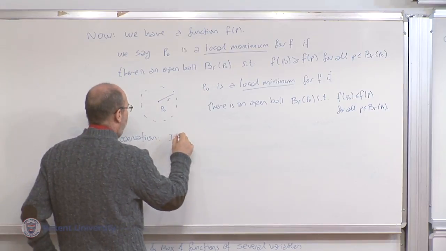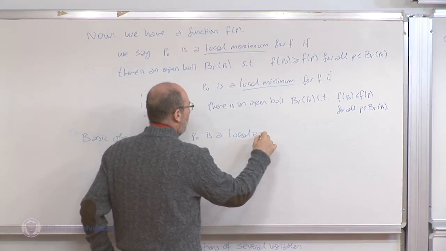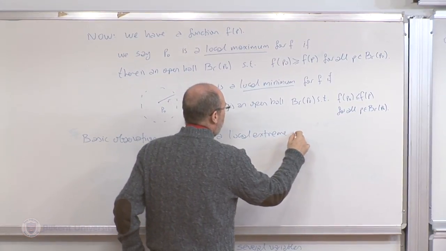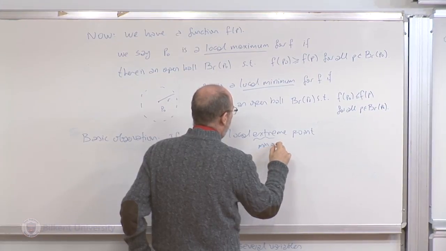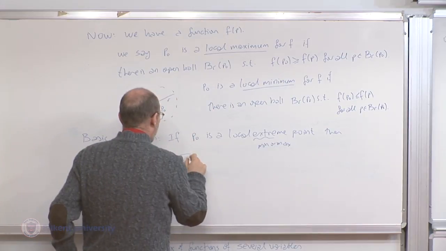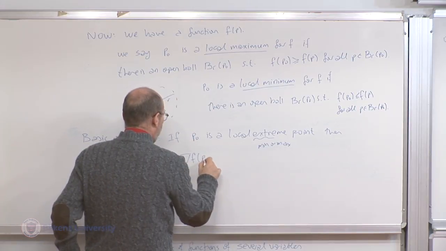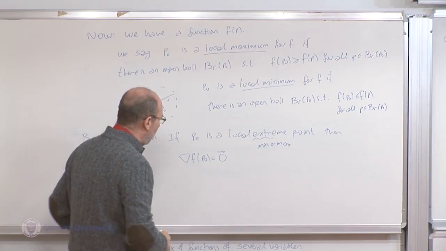If p sub 0 is a local extreme point, meaning a min or max, then the gradient of f at that point is 0, the zero vector.